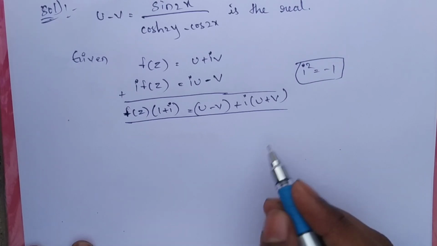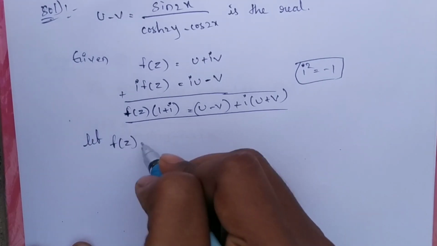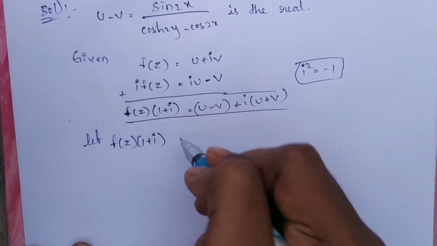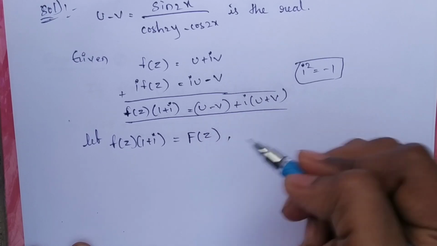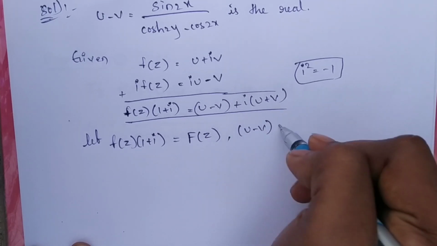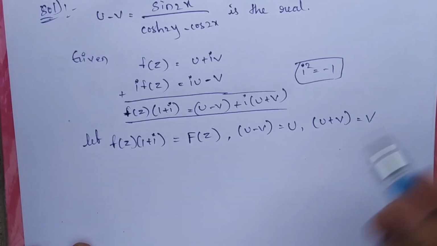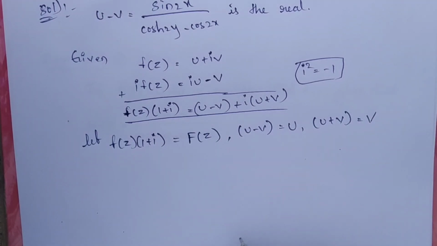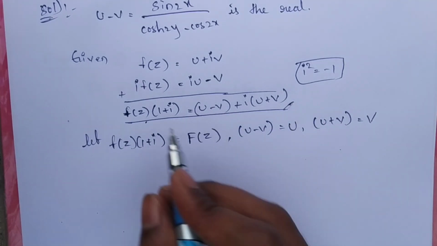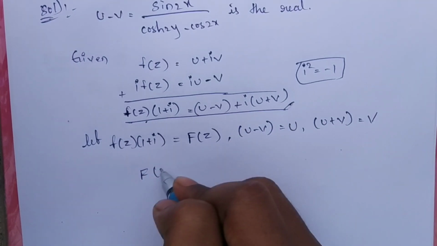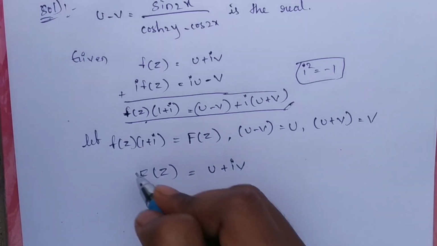So let us assume that f of z into 1 plus i equals capital F of z, and u minus v as capital U and u plus v as capital V. So the above equation becomes capital F of z equals capital U plus i into capital V, right?